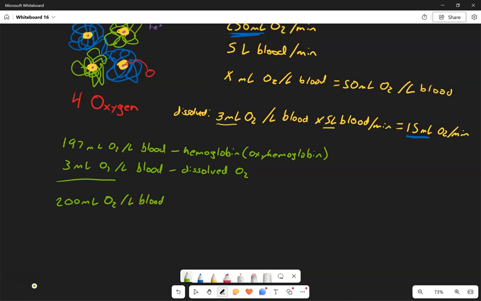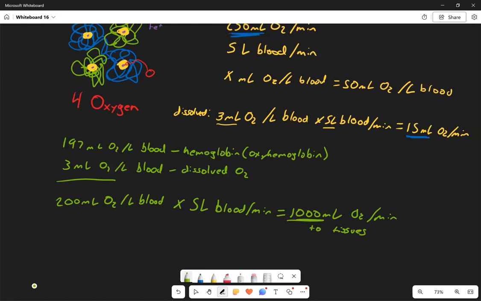Okay. Now, under normal circumstances, keep our cardiac output the same of 5 liters of blood per minute, and that gives us a total of 1,000 milliliters of oxygen per minute to the tissues.